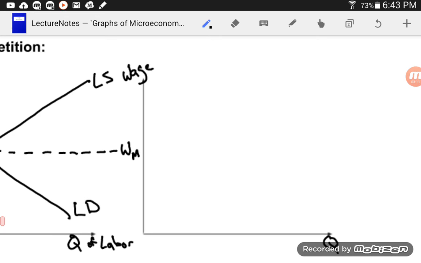Quantity of labor that this individual firm, now we're looking at the individual firm's graph, how much will this individual firm want to hire? Now this ends up being fairly similar, but this line here, this wage taker, is really not demand now, it's the supply of labor.